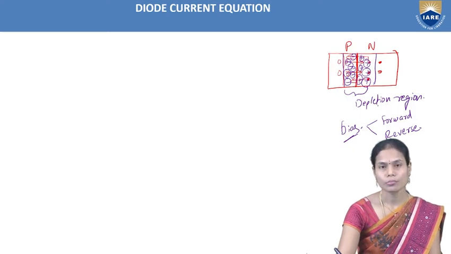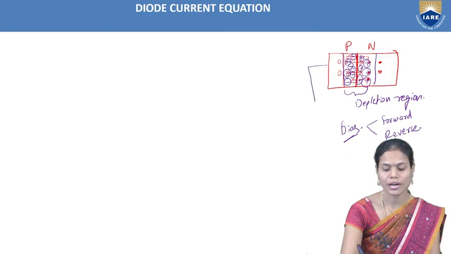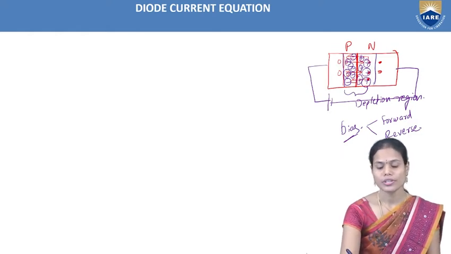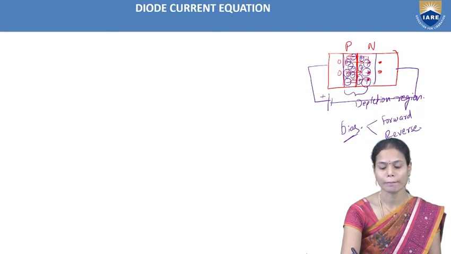If you want to provide the forward bias to the PN junction diode, we have to connect the positive terminal of the battery to the P type of material and the negative terminal of the battery to the N type of material. Here the holes of the P type of material are repelled by the positive terminal and electrons are repelled by the negative terminal of the battery.